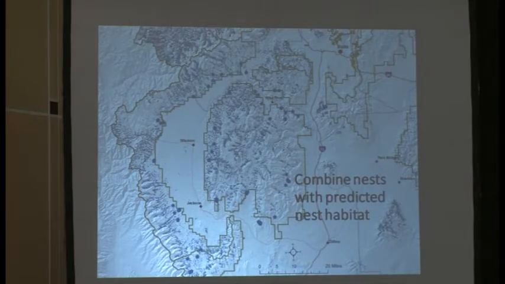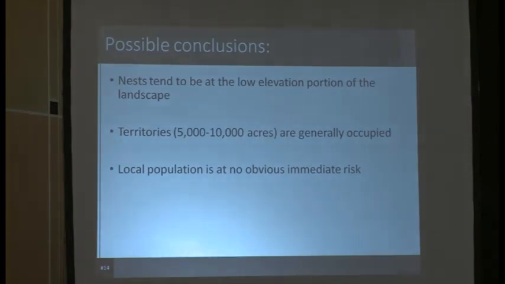If you look at the blue polygons, those are predicted nest habitat based on the same exercise I just did in the Black Hills, again based on that typical arrangement of large, dense, multi-storied, with a minimum patch size. And you'll notice a few things. The nests, no surprise, generally show up in the habitats predicted. So you can say the nest data is corroborating our query pretty well. There are some conclusions you can make.